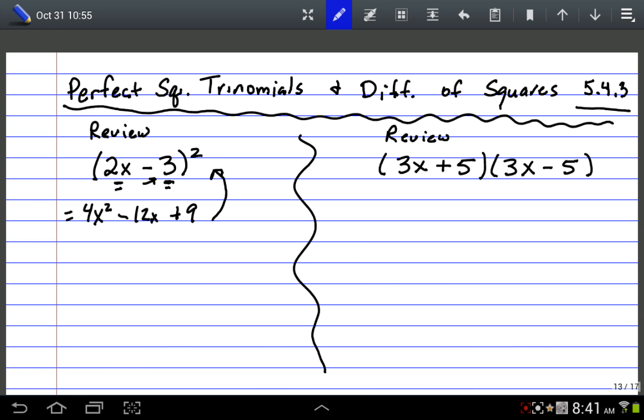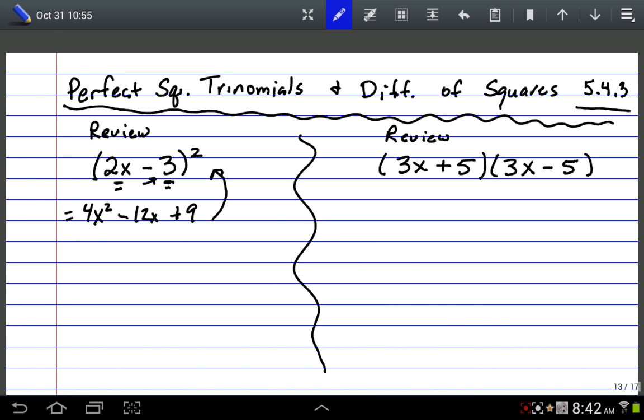When you look at it, it really looks like a problem from set 4, a trinomial with a leading coefficient, and I could work it out that way. But when I get larger numbers, it's going to be beneficial to recognize that this is a perfect square trinomial. So let's focus on the recognition of it.